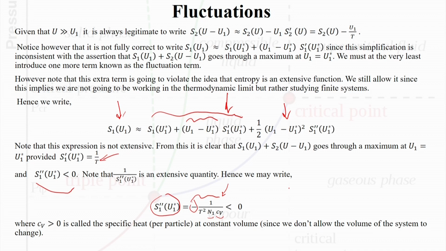After all, what is S double prime? Two derivatives: you take one derivative, this becomes intensive, the quantity 1 by temperature, and then you take one more derivative, and this is U in the denominator. So it is 1 by an extensive quantity. That is why I have written this as 1 by N1.